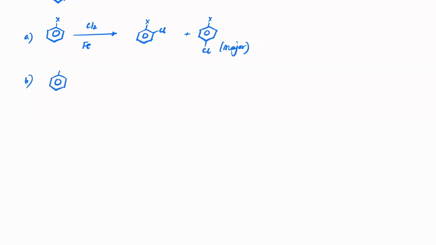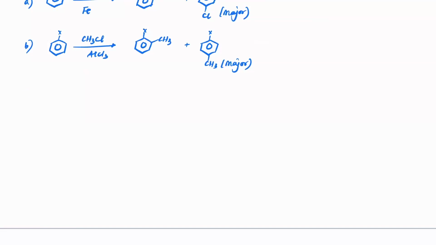Friedel-Crafts alkylation, that is CH3Cl in the presence of AlCl3, will also give you ortho product and para product. And which is major? Para is major here.